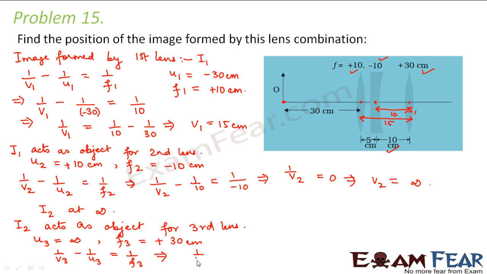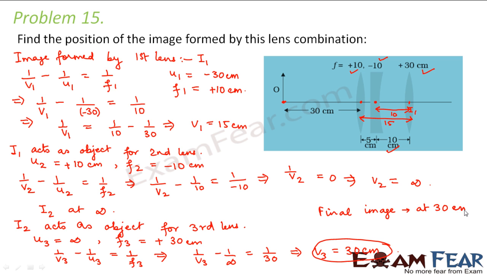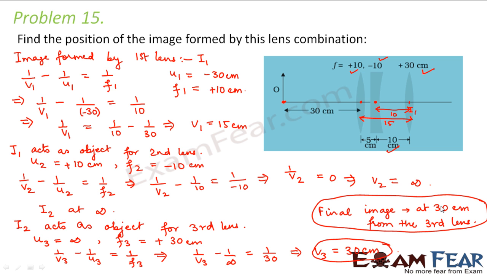So 1 by V3 minus 1 by infinity is equal to 1 by 30. This implies V3 is equal to 30 centimeters. Therefore, what is the position of the final image formed? The final image is formed at 30 centimeters from the third lens. So this would be the position of the final image.